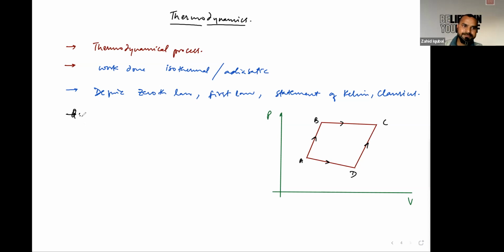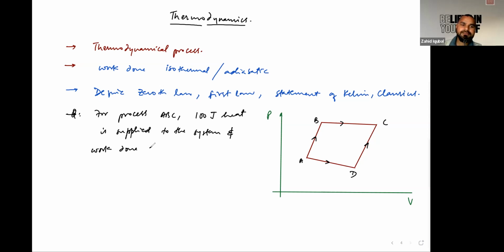So from this part, for process A, B, C, 100 joule heat is supplied to the system and work done on it is 30 joule.